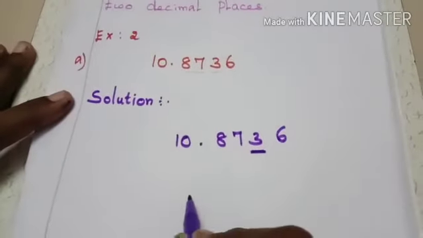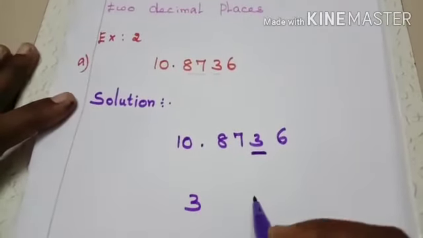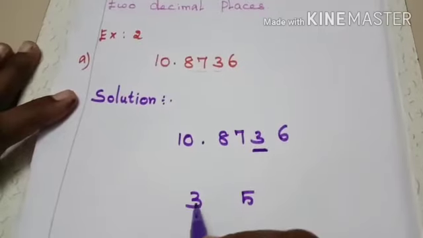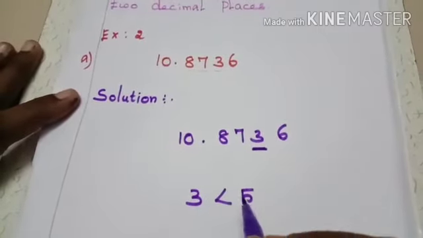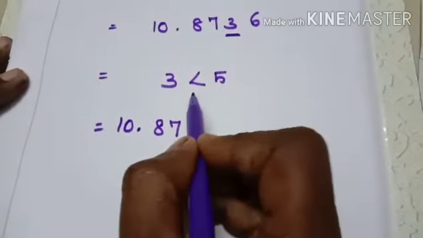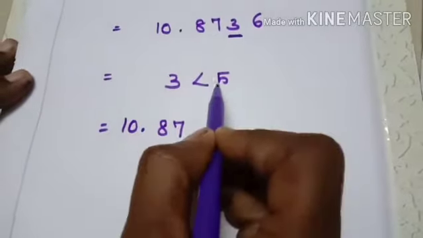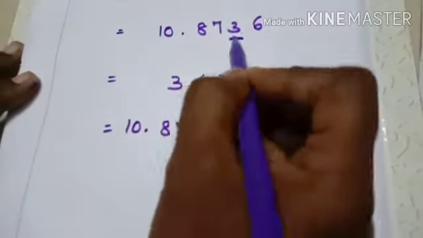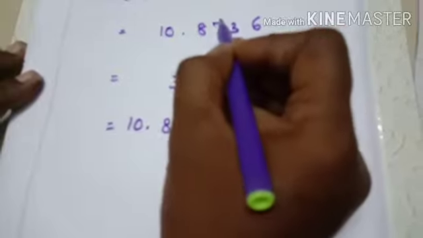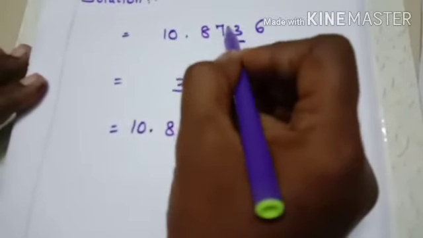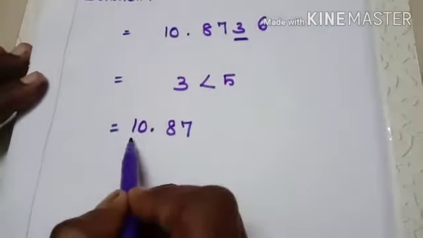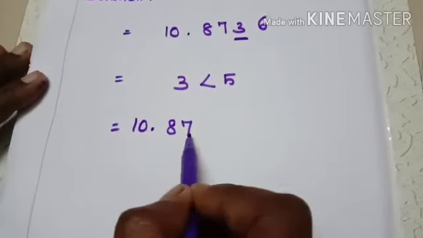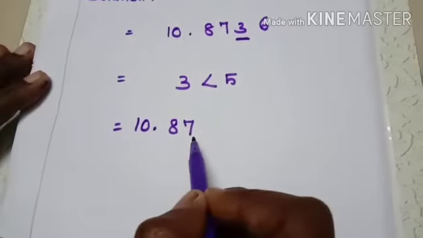We compare the 3 with 5. Here 3 is less than 5. So we no need to add any number in the 100th place. So the answer is 10.87. Write as it is.